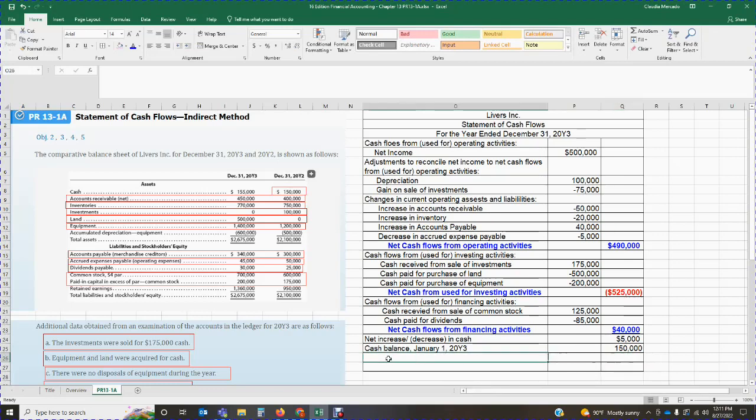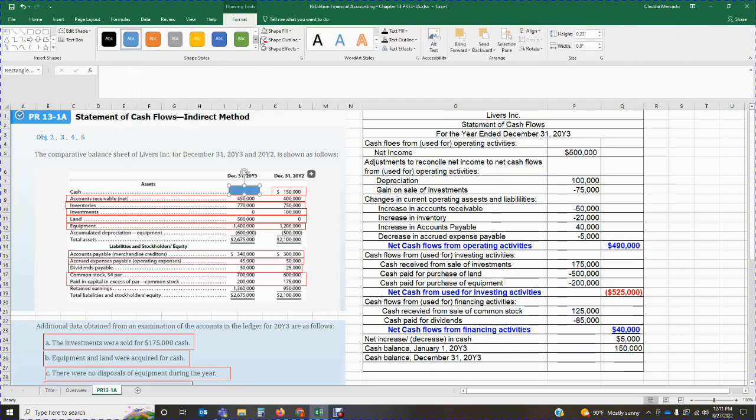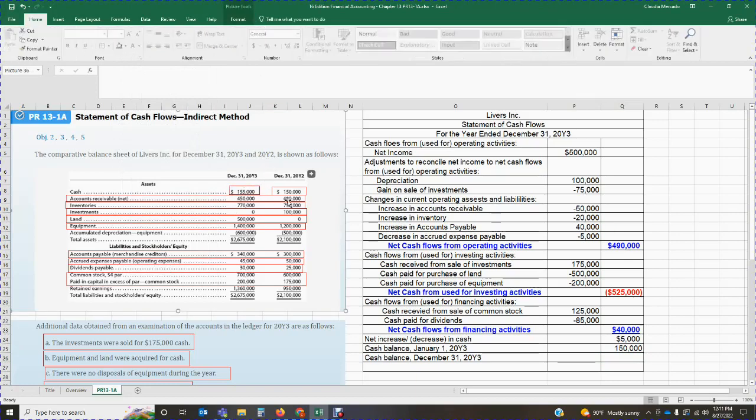Now, what did we end up with this year? We have our cash balance on December 31st, 20Y3. The whole year passed by, and we ended up with $155,000 in cash. So my cash went from 150 to 155.